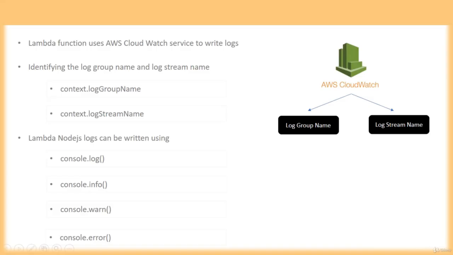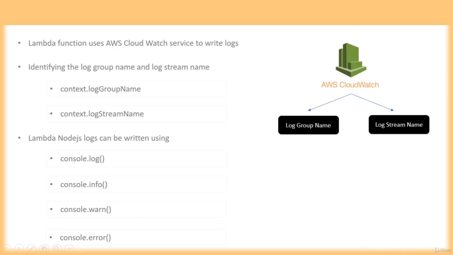Here come the two things within CloudWatch. The first thing is the log group name, and the other is the log stream name. As you can see here, a log group consists of different log streams. You can say a group is a group of persons sitting in a certain class, and a stream is a single person in that group.